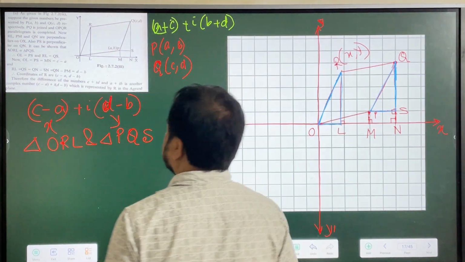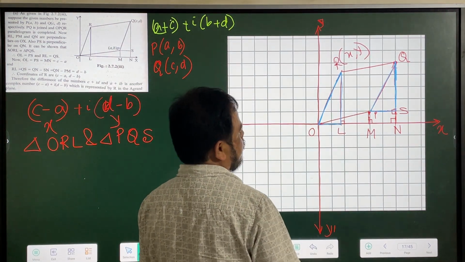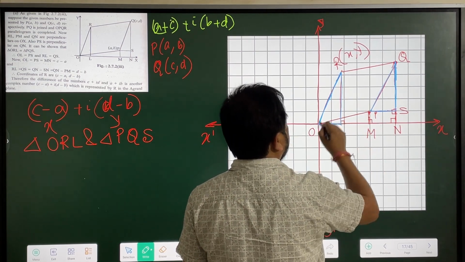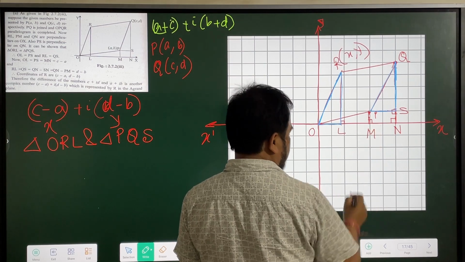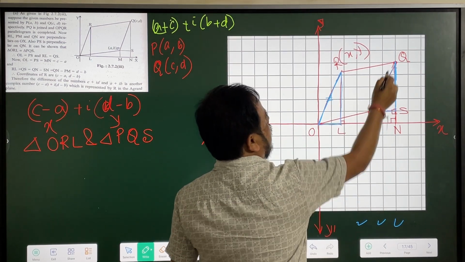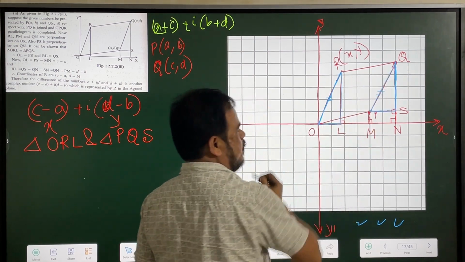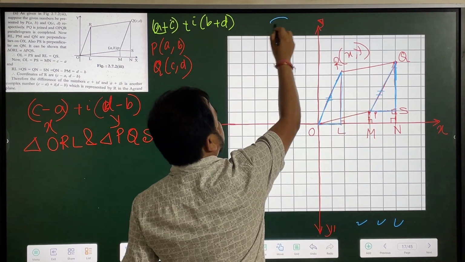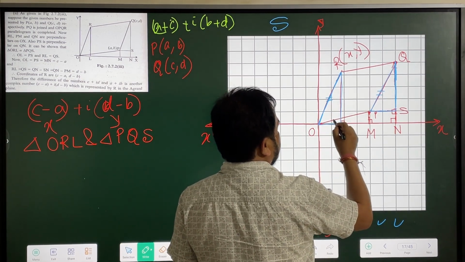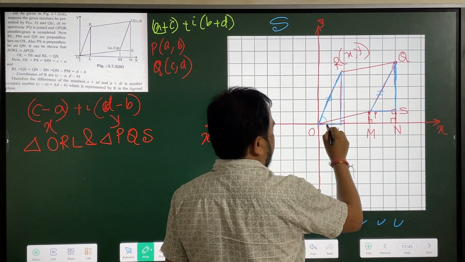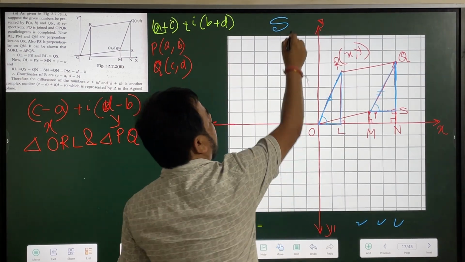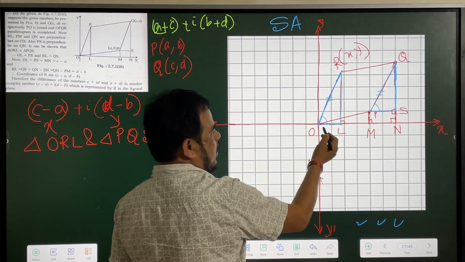So for that, we see that OL equals PS. This one and this one are equal, because this is a parallelogram, opposite sides of a parallelogram. Now look here, this angle and this angle, if they are equal, then we can write A, but we are not sure.